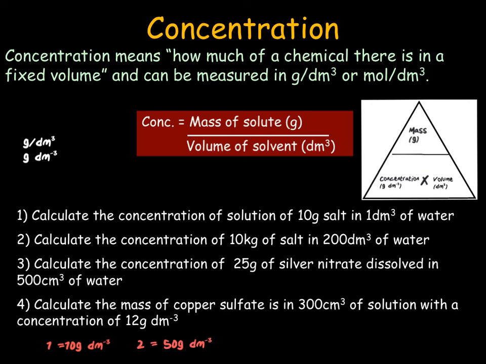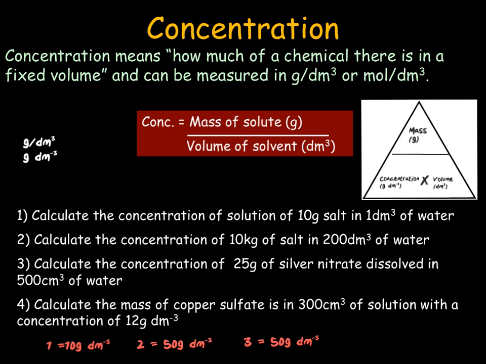For question 3, we also need to do a conversion. This time we have got our grams as we need them, but our volume needs converting. 500 centimetres cubed is equal to 0.5 dm cubed, so we're going to do 25 divided by 0.5, which gives us 50 grams per dm cubed. For question 4, we have a conversion and a rearrangement.